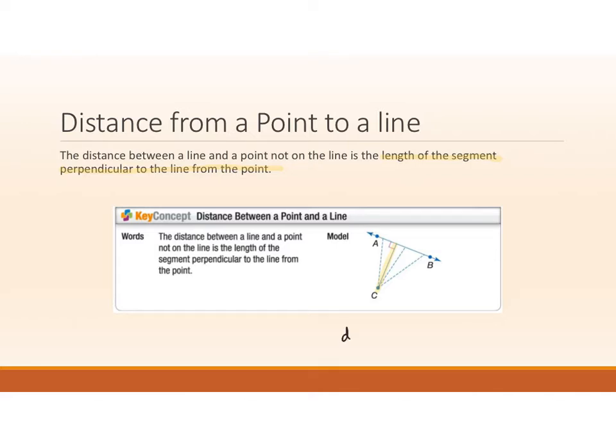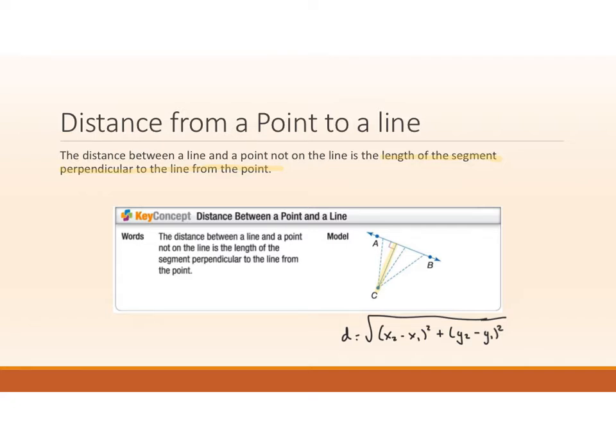And as a reminder, the distance formula is the square root of x2 minus x1 squared plus y2 minus y1 squared. Now the reason we're measuring a perpendicular line is because even though you can draw several lines from point C to line AB, they vary in length.